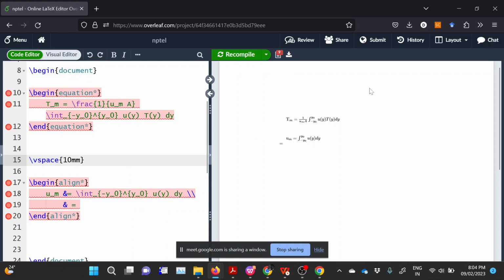Keep looking at the equations on the right side of the screen. That's where things are.